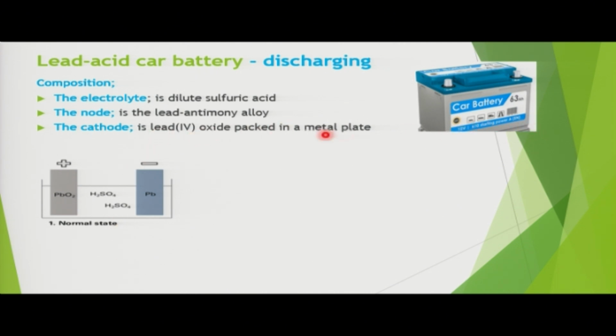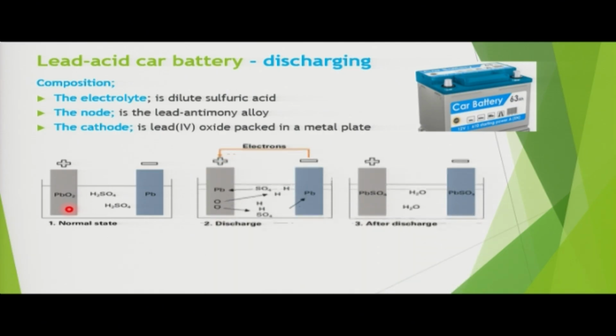This car battery is made up of sulfuric acid as the electrolyte. The anode is lead metal, then the cathode is lead 4 oxide. From your knowledge of chemistry, lead 4 oxide is unstable. So it easily gains electrons to form a stable lead 2.